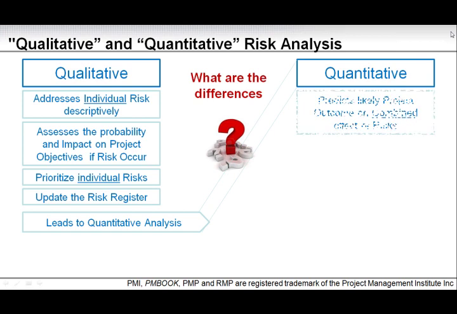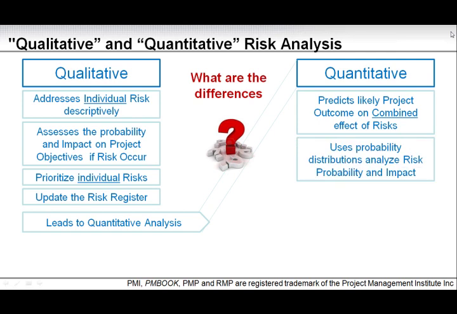The quantitative analysis predicts likely project outcome based on the combined, and mark the word here, combined effect of project risks. It uses probability distribution analysis, risk probability and impact. It requires tools.